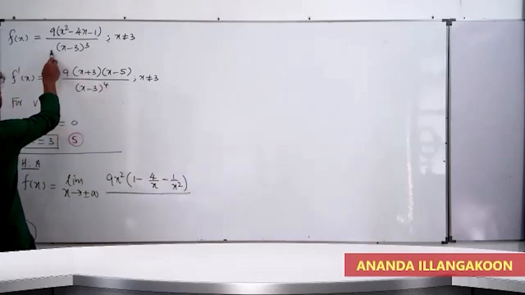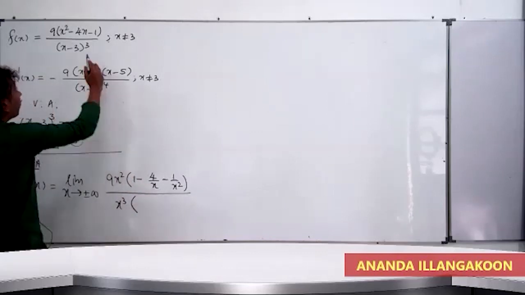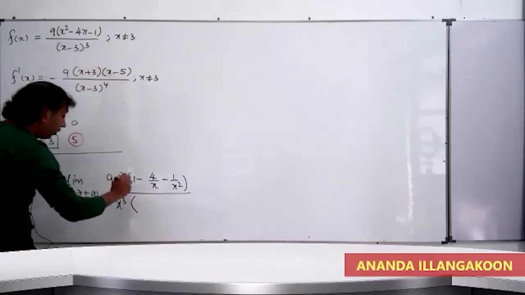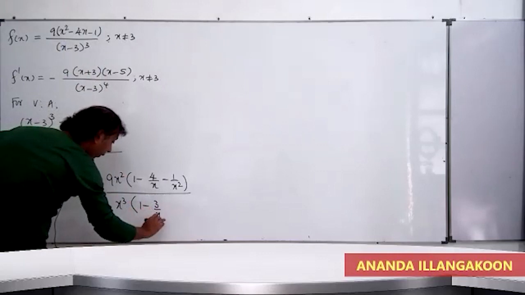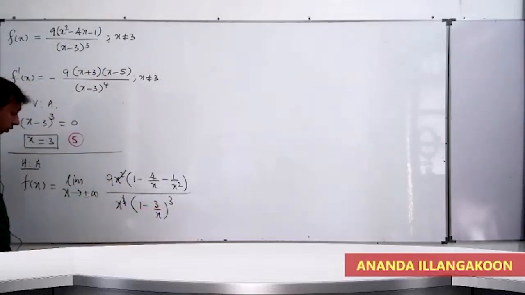Here take x cubed out, then we get 1 minus 3 upon x to the power 3. This x squared we can cancel down.